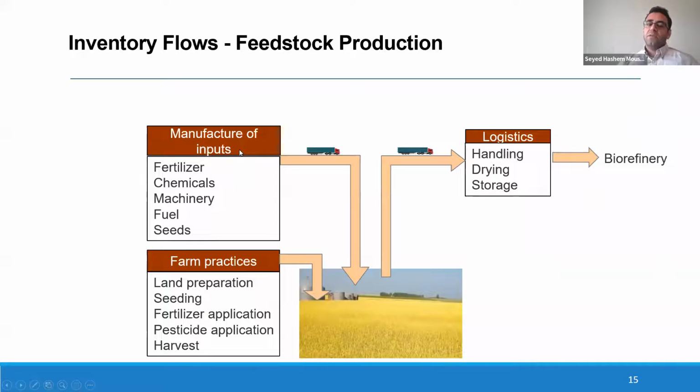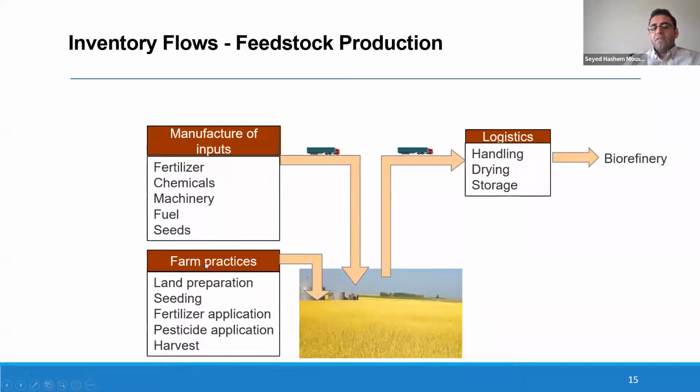We have different processes for manufacture of inputs, for example, fertilizer production, pesticide production, manufacture of different equipment, fuel, and seeds. Then those are transported to the field. Here we have some emissions, since it's before application of those inputs on the farm. We call those indirect emissions associated with the production of inputs.